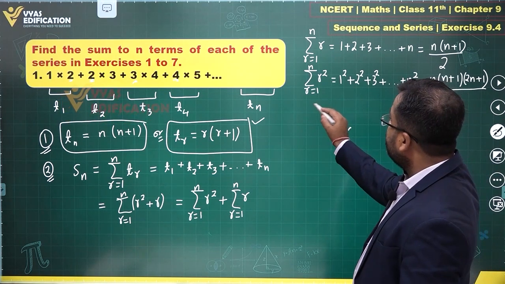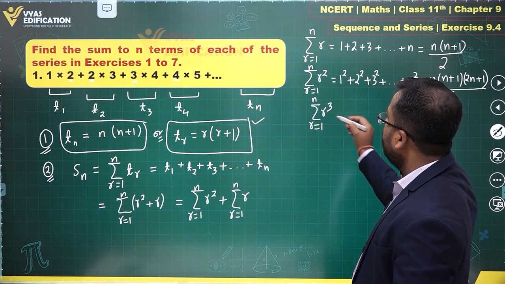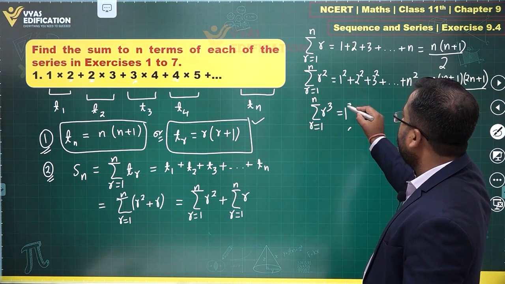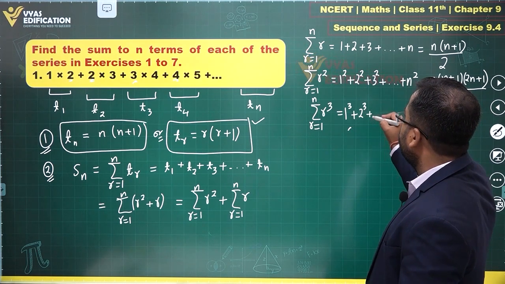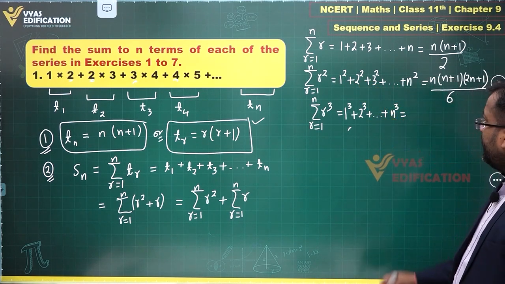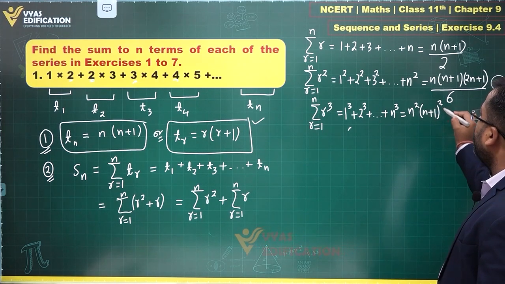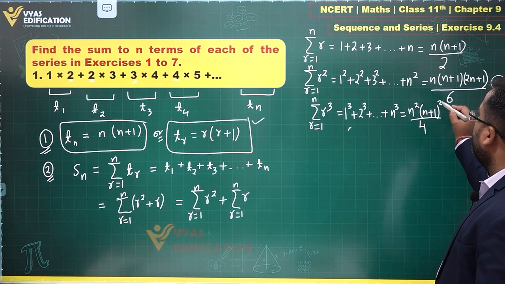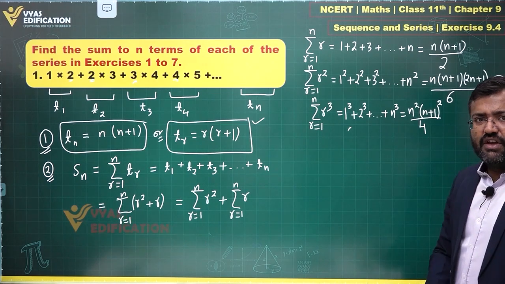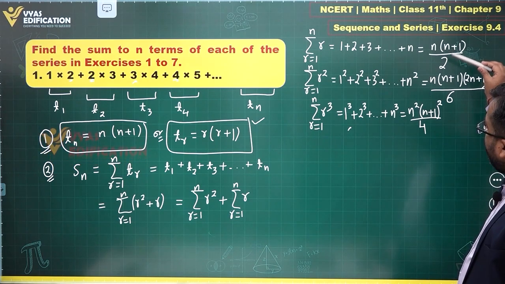And there's another standard summation, summation of r power 3, which goes from r equal to 1 to n, and that is equal to 1 power 3 plus 2 power 3 plus similarly dot dot dot up till n power 3, and that is equal to n square, n plus 1 square upon 4. And if you observe carefully, this is exactly the same as the square of this.